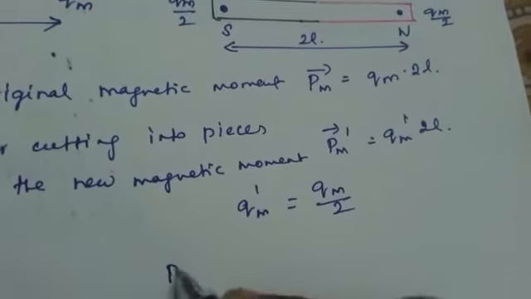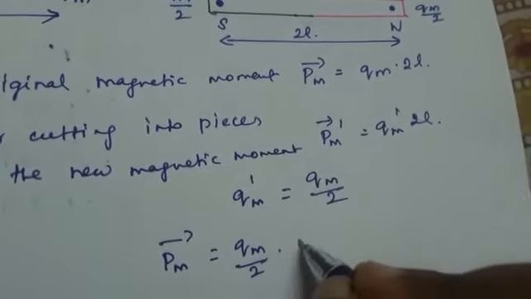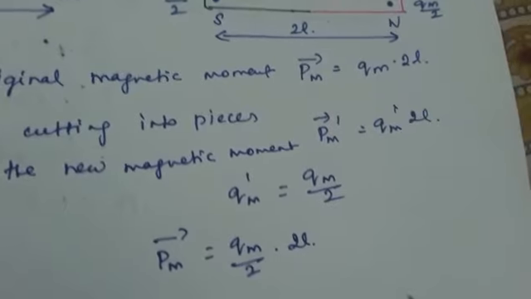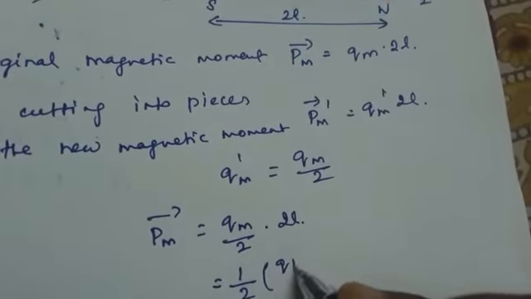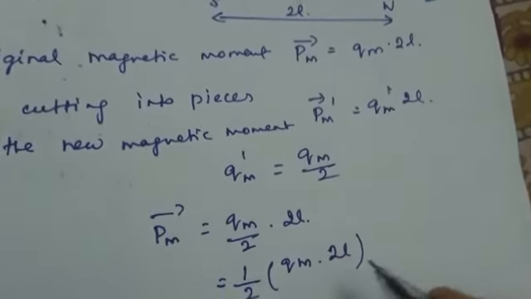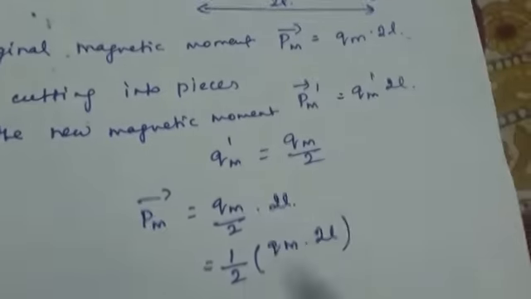So I can write Pm dash is equal to Qm by 2 into 2L. The magnetic length doesn't change. So this can be written as 1 by 2 into Qm into 2L. Qm into 2L is Pm.